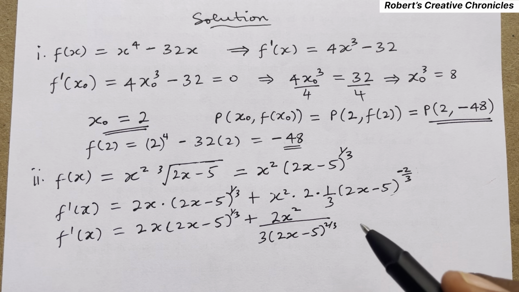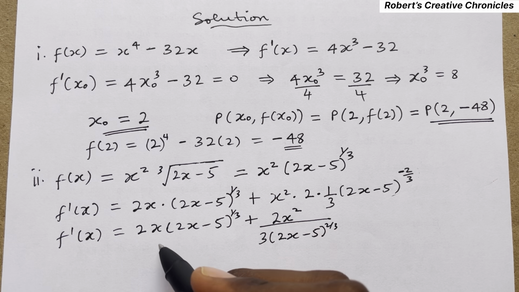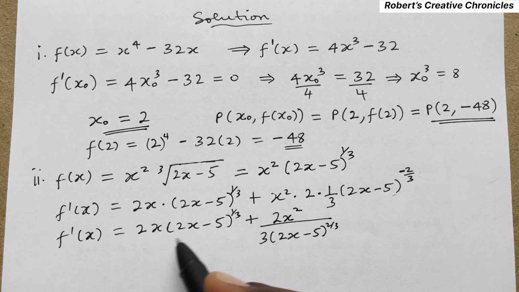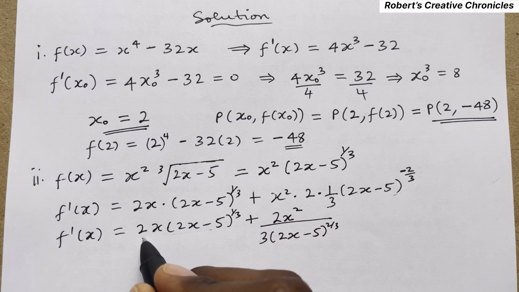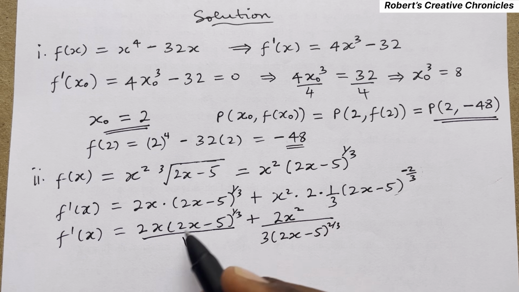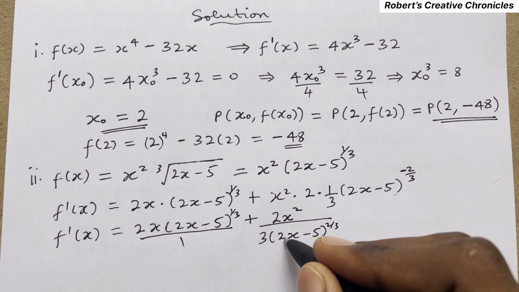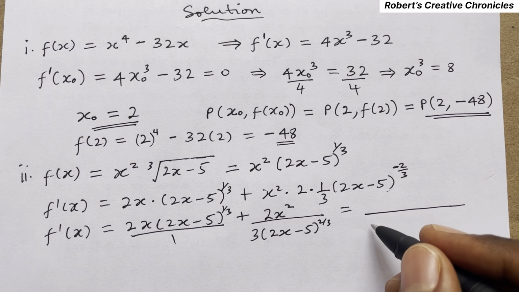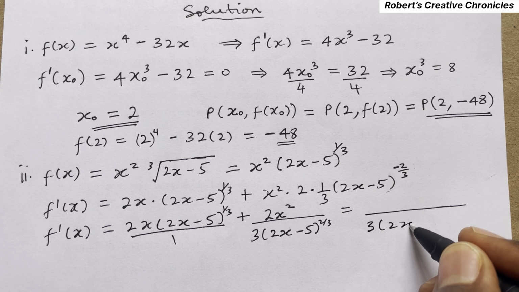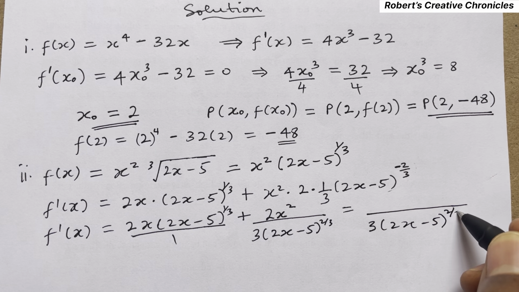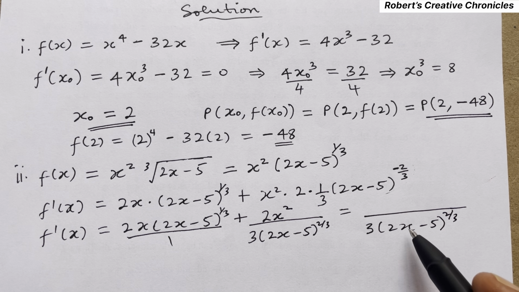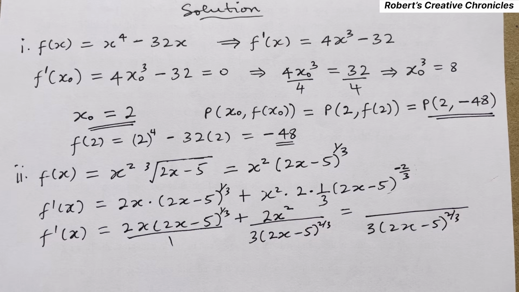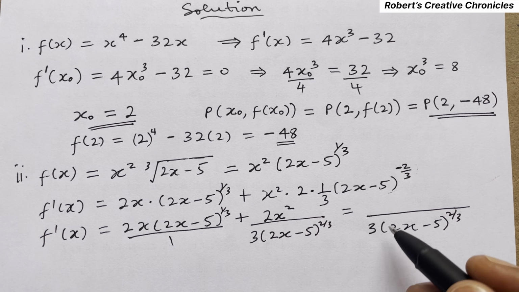This is also a fraction, so we can express it over 1. Then the LCM of this is this function, so it's the same thing as 2x minus 5 raised to the power of 2 over 3. Then this times this is 6x.